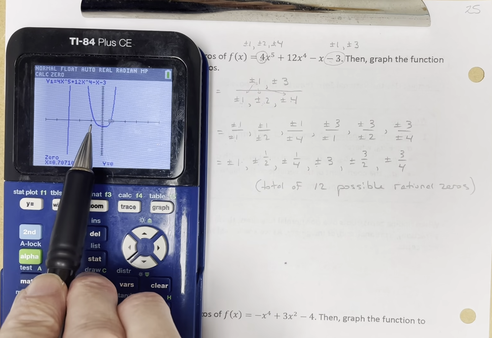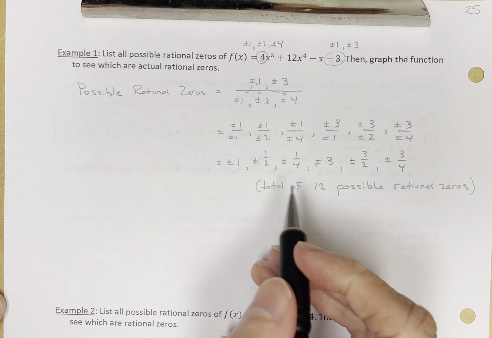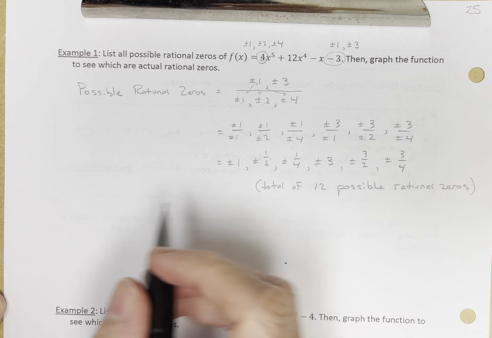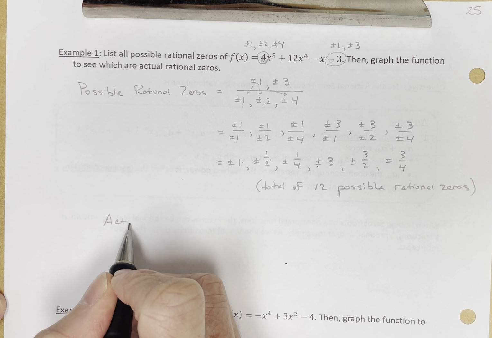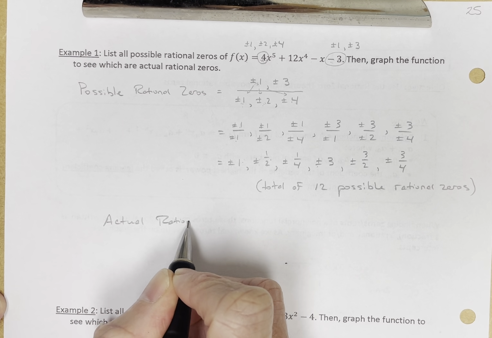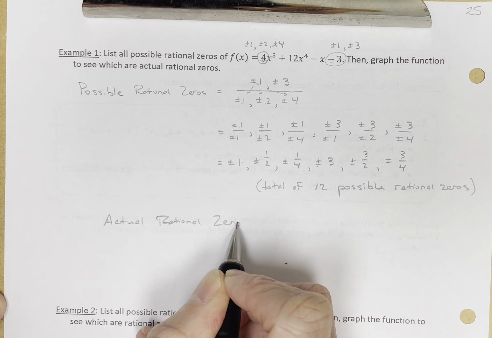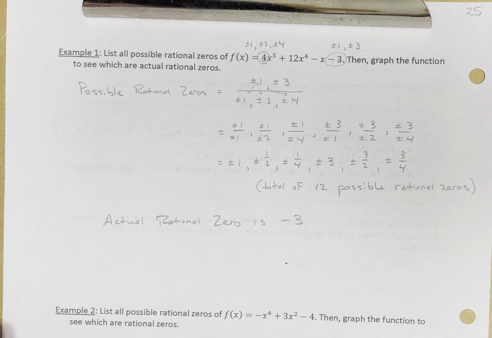So I have 3 real zeros, but only one of them is rational. So out of all 12 possibilities, I only have 1 rational 0. So the actual rational 0 is negative 3, as we just saw.